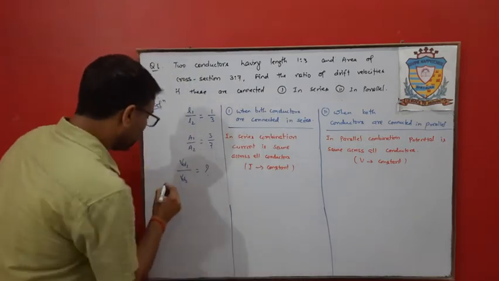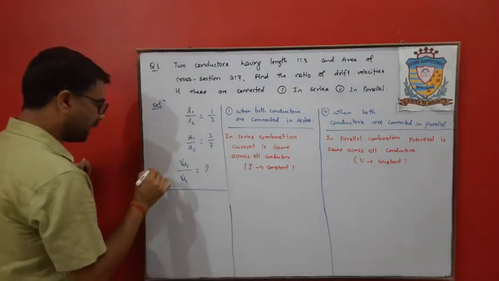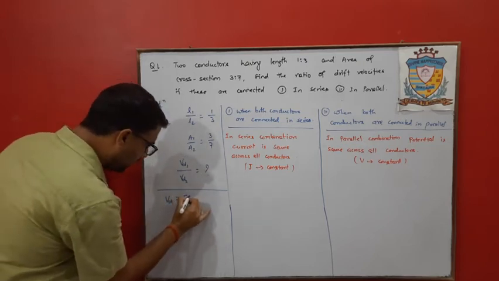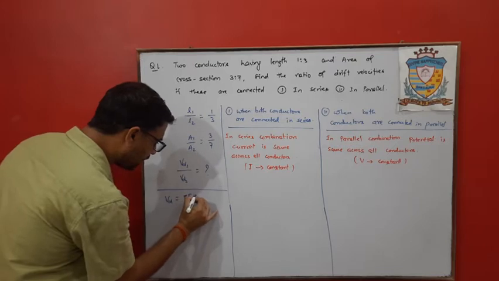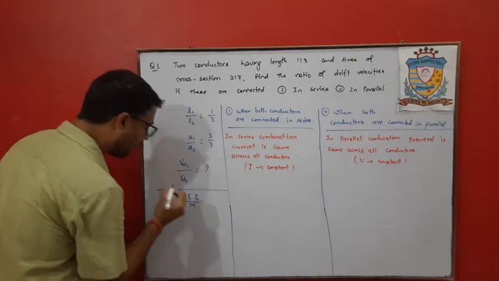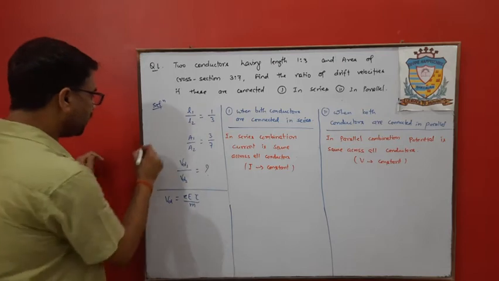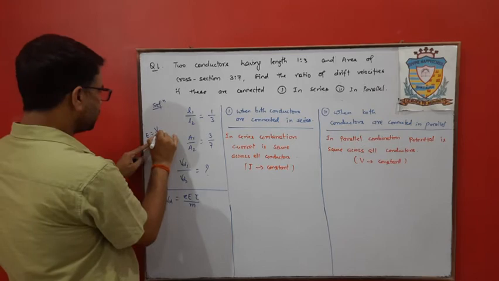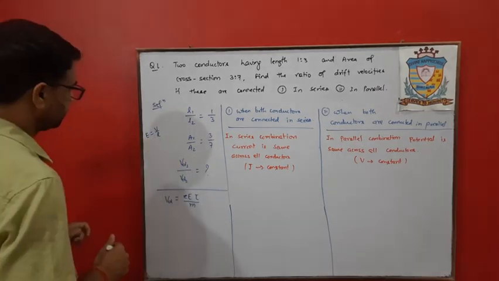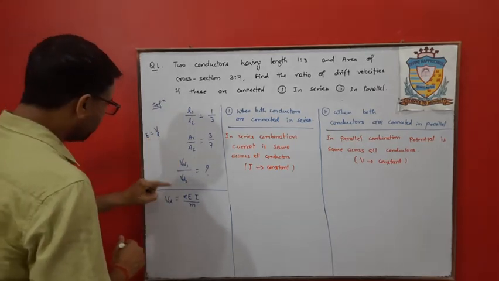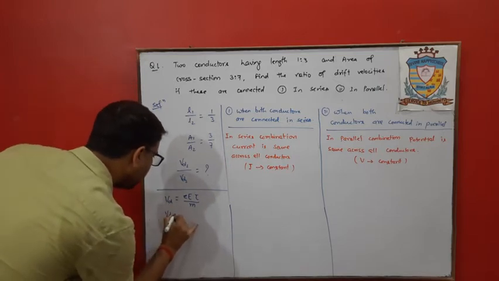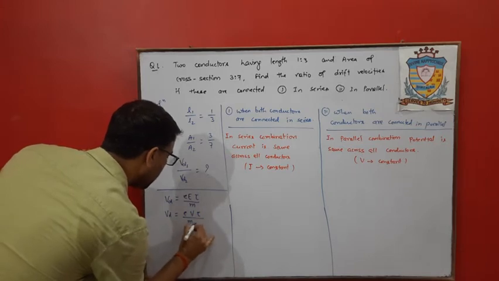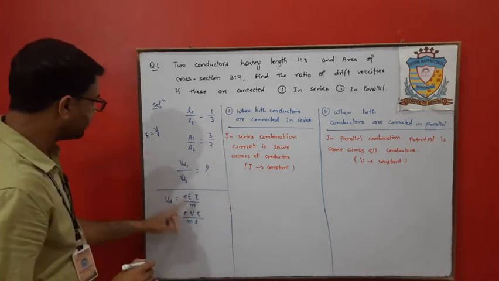Now we will revise the formula for drift velocity, that is e E tau upon m. If we put the value of capital E, that is V by L, then Vd is equal to e V tau upon m L, where V is the potential.